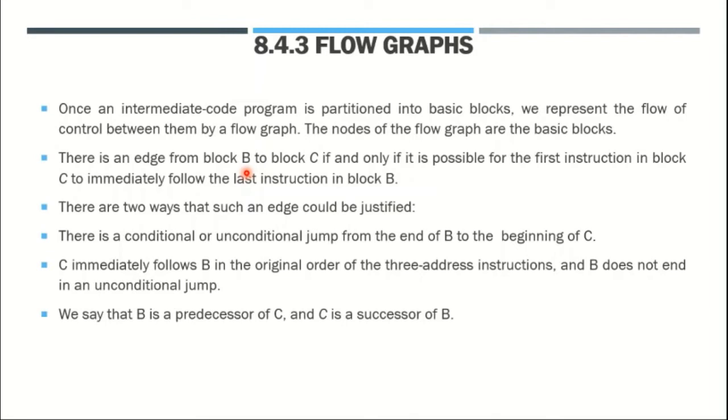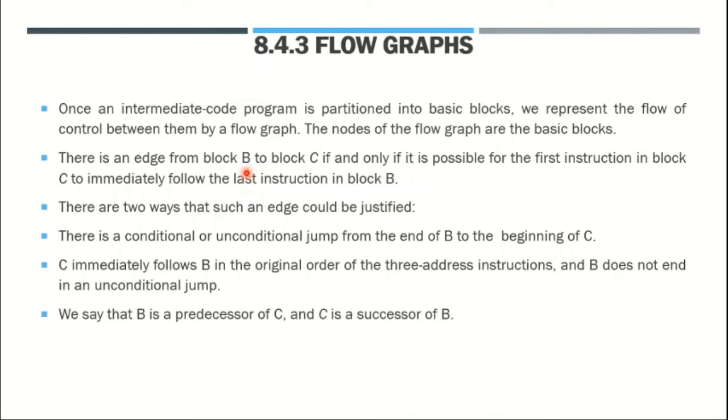So while adding an edge from block B to block C, this is possible whenever block C immediately follows the last instruction of block B. Just assume block B's last instruction is the third instruction, and block C's first instruction is the fourth instruction of the intermediate code.